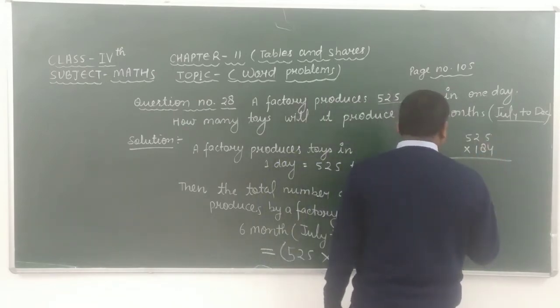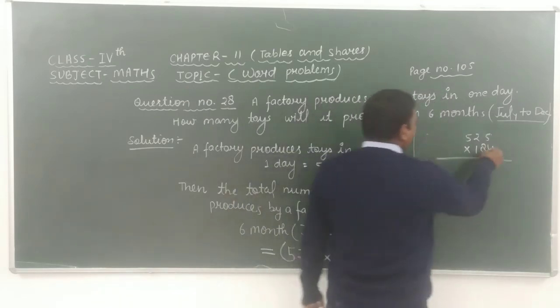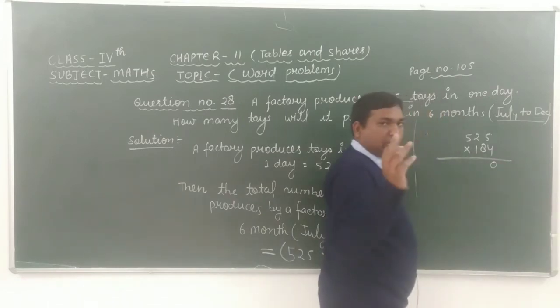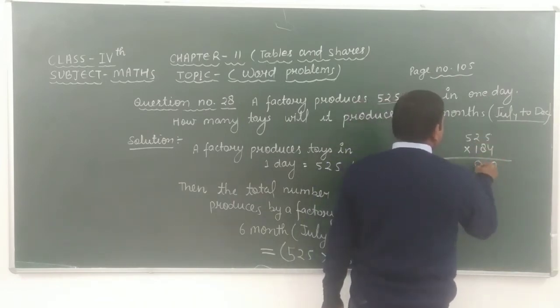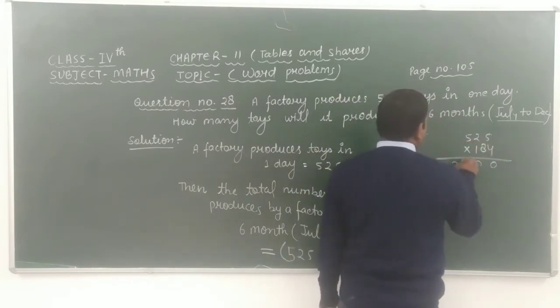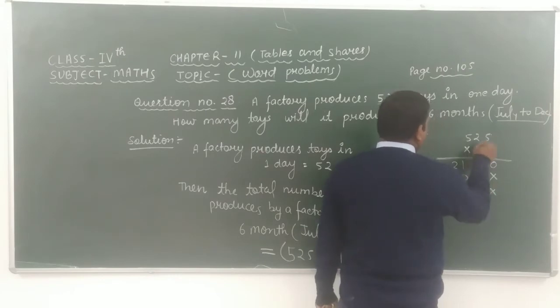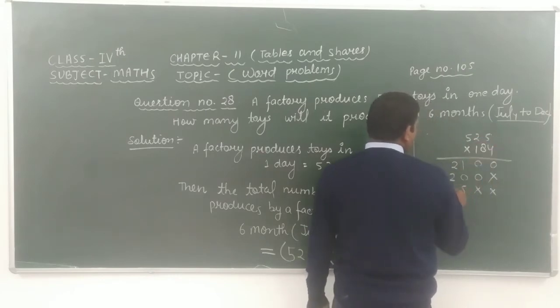4 5s are 20, 0 carry 2, 4 2s are 8 plus 2 is 10 carry 1, 4 5s are 20 plus 1 is 21, 8 5s are 40, 0 carry 4, 8 2s are 16, 16 plus 4 is 20, 0 carry 2, 8 5s are 40 plus 2 is 42, 1 5 is 5, 1 2 is 2, 1 5 is 5.